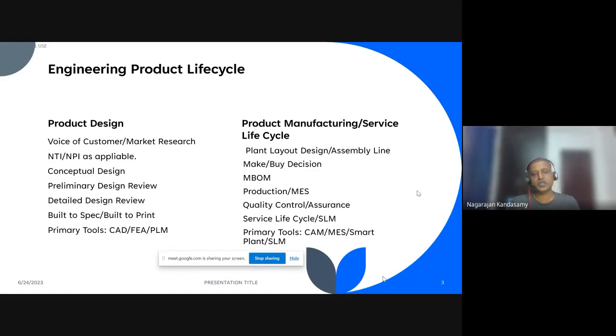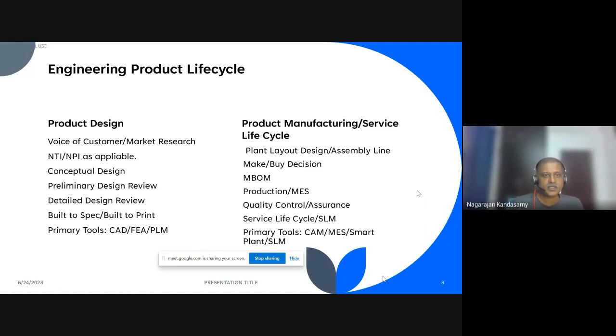That's where new technology introduction comes into the picture. Some advanced, upfront research is done first about the technical viability, whether that product can be manufactured with a given technology, and only then do they get into the actual product design. So that is the next step in any product design, NTI or NPI.